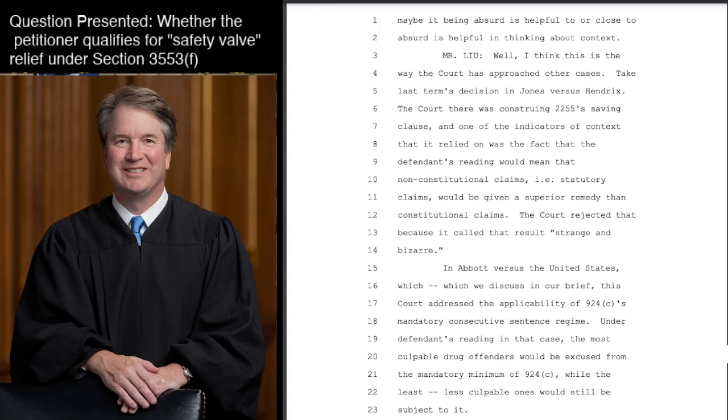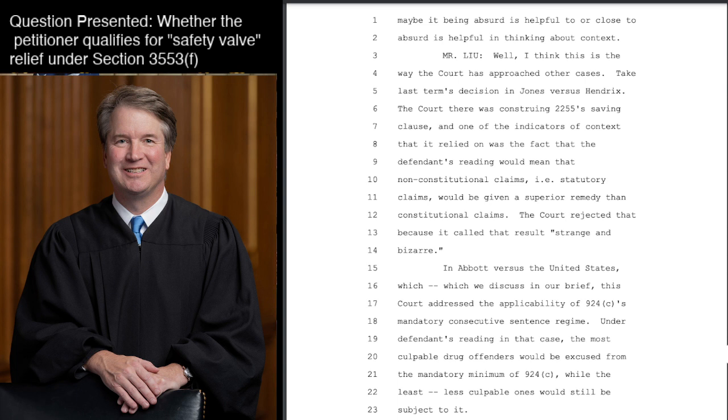Well, I think this is the way the Court has approached other cases. Take last term's decision in Jones versus Hendricks. The Court there was construing the 2255 saving clause, and one of the indicators of context that it relied on was the fact that the defendant's reading would mean that non-constitutional claims, i.e. statutory claims, would be given a superior remedy than constitutional claims.